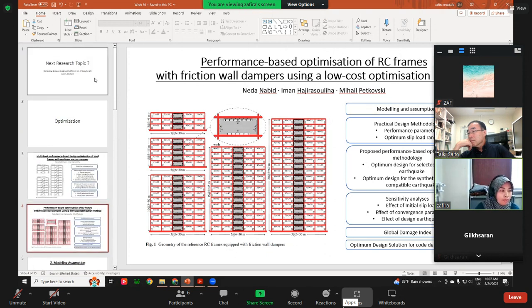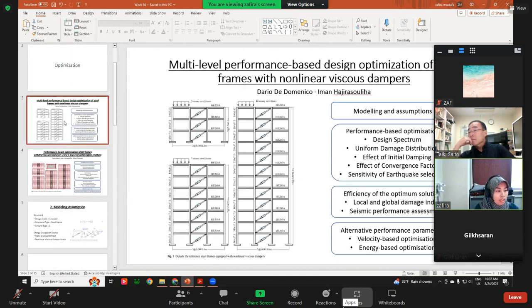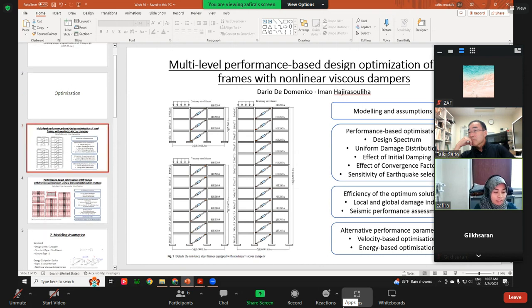So other than just increasing the number of stories, I was also thinking that if we can try to optimize the design of the dampers for the building, maybe it can be useful. The last time I tried to optimize the design by only putting the dampers in the middle, where we have the maximum displacement of the building.